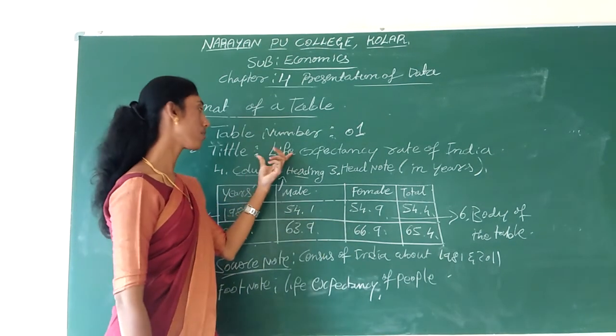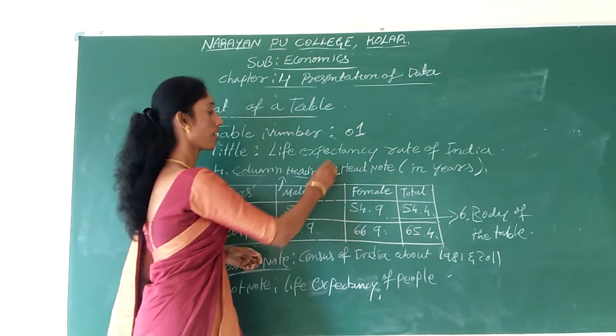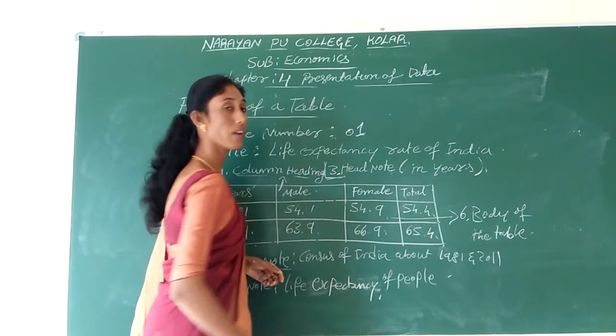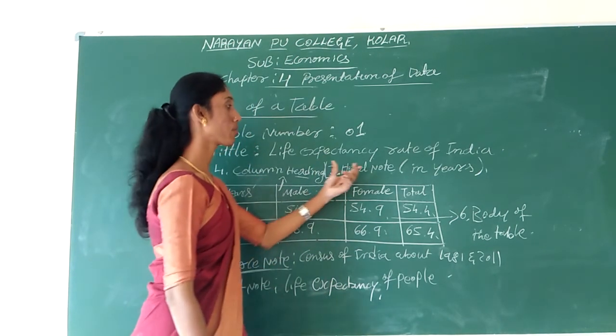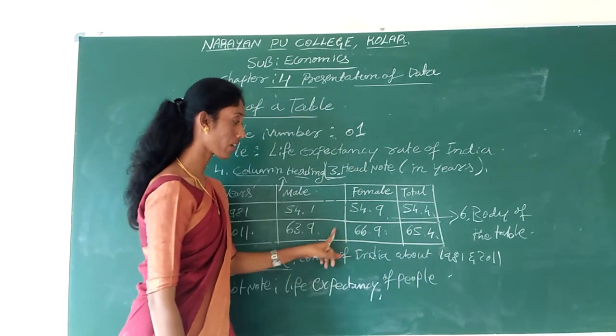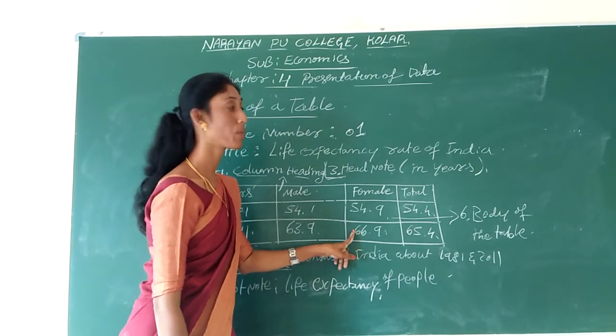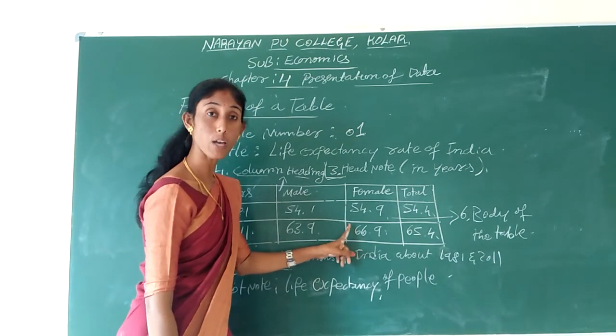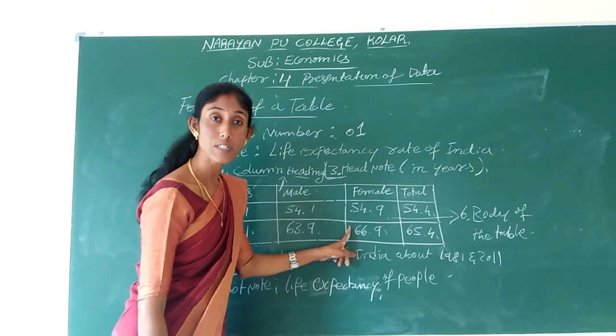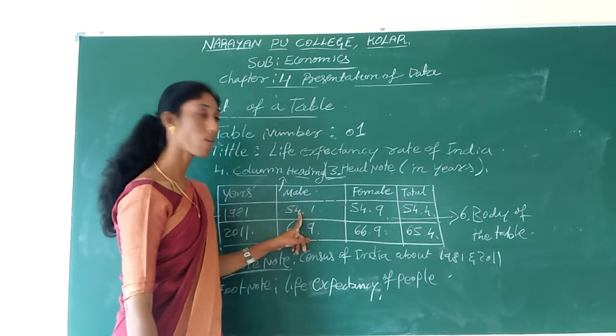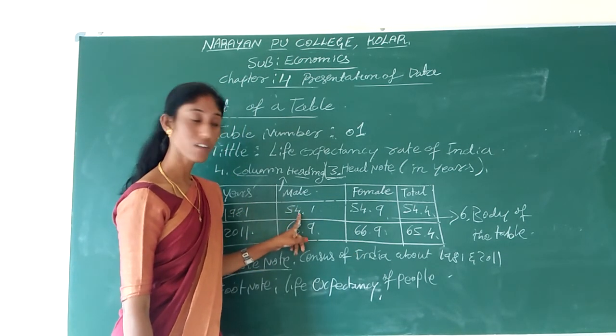And after the title, next we need to give a head note. Head note means whatever numerical values we have entered, what the numerical values are exactly representing. Here 54 means, what is this 54?